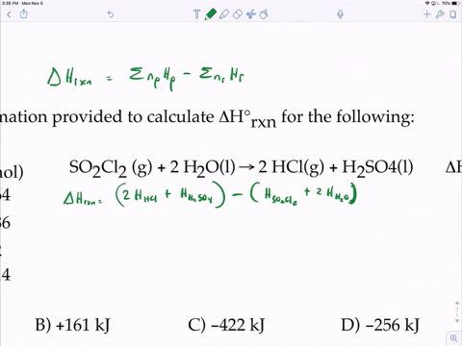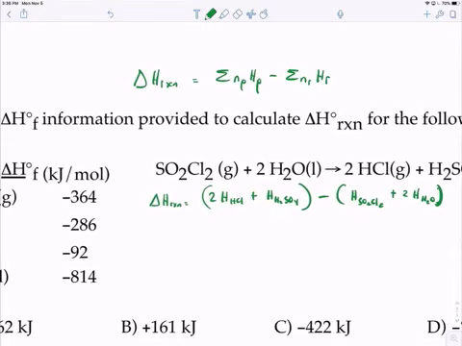Like this. So I'm getting that because it's products: 2 HCl, 2 from that, H2SO4, minus the reactants SO2Cl2, H2O. They're like that. And then I have to put in the numbers.